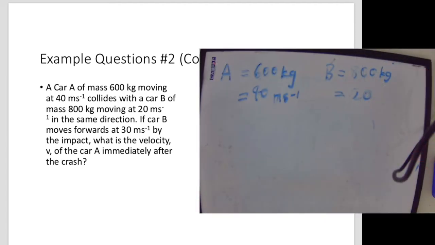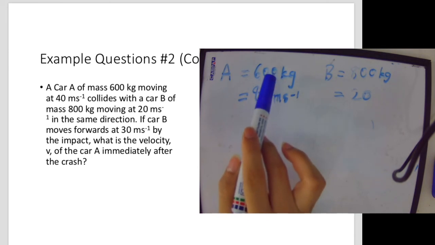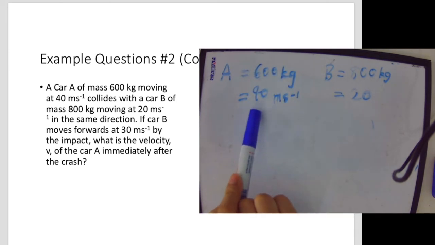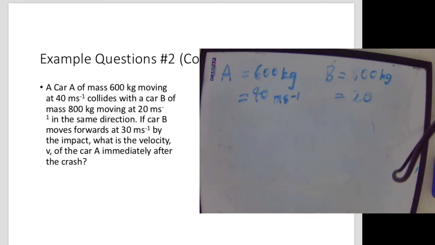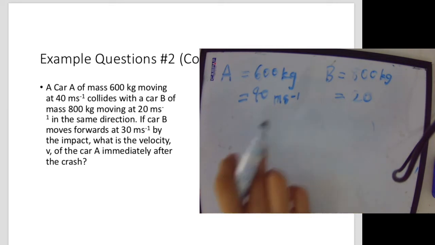So car A is 600 kilograms and 40 meters per second, and B is 800 kilograms and 20 meters per second. This is before the collision.